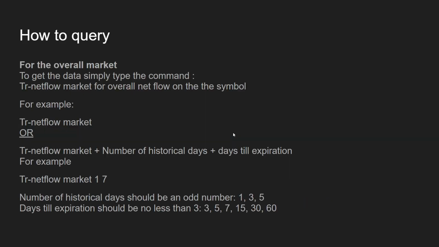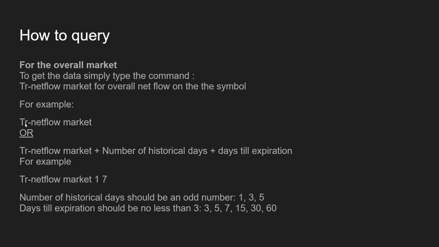Now, you can also use this tool for the overall market. And when we say the market, we're usually talking about ES or SPY, right? And instead of looking at, for example, Meta or Tesla or Apple, whichever stock, you can look at the overall market if you're trading SPY. And to do so, you'll be replacing the symbol of the stock with the word market.